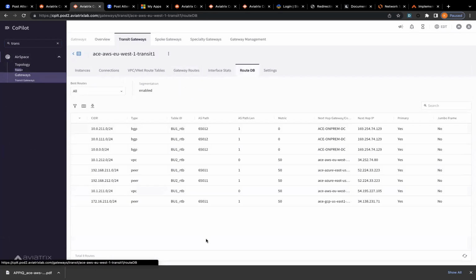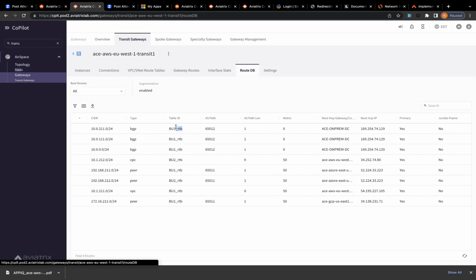Another one, if you go and look at the route DB, it shows much more information. You're able to see for each route which routing table it is in, in addition to other features like being able to see the AS path and the MED.